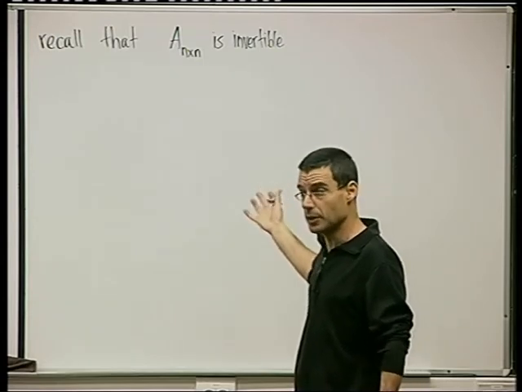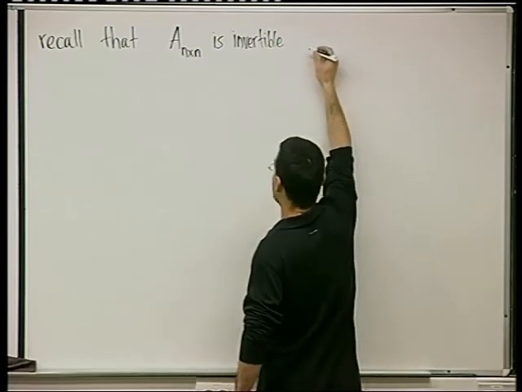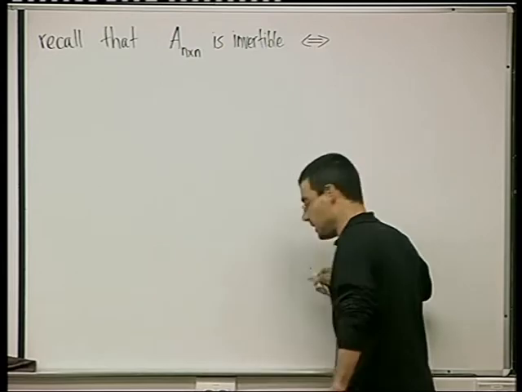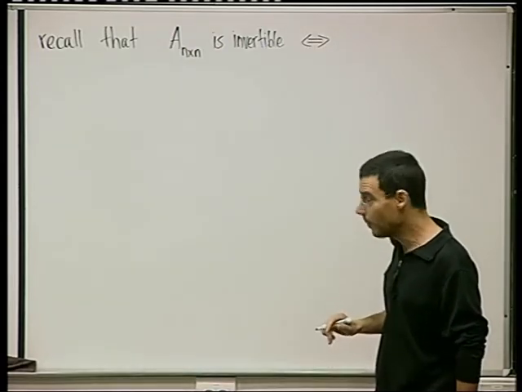It's a completely different notion. Okay, so an n by n matrix is invertible if and only if, and in fact there are going to be like 10 if and only ifs now.